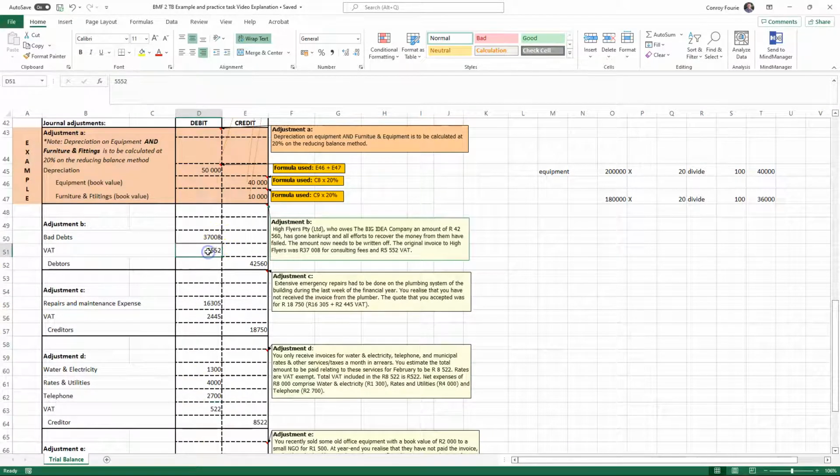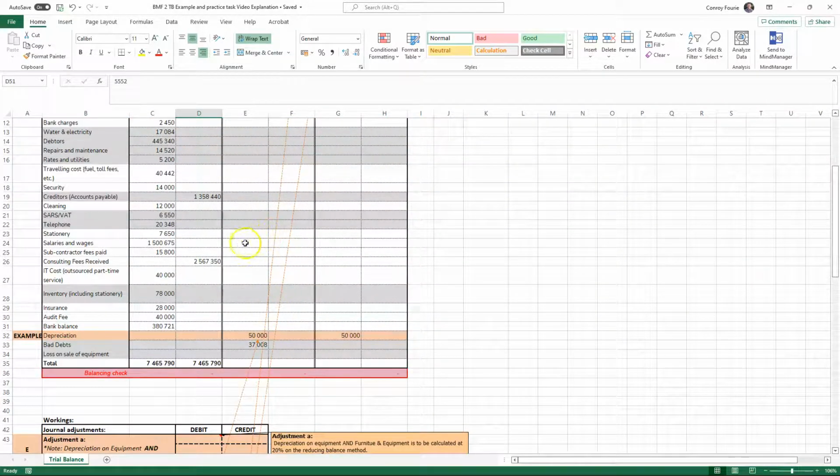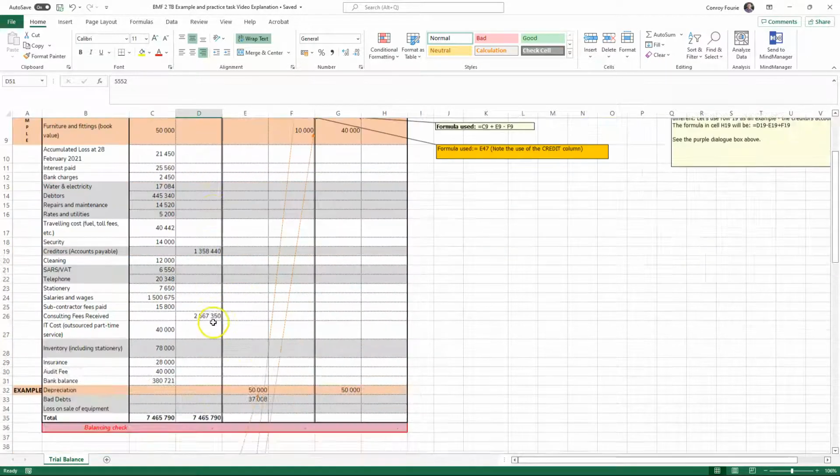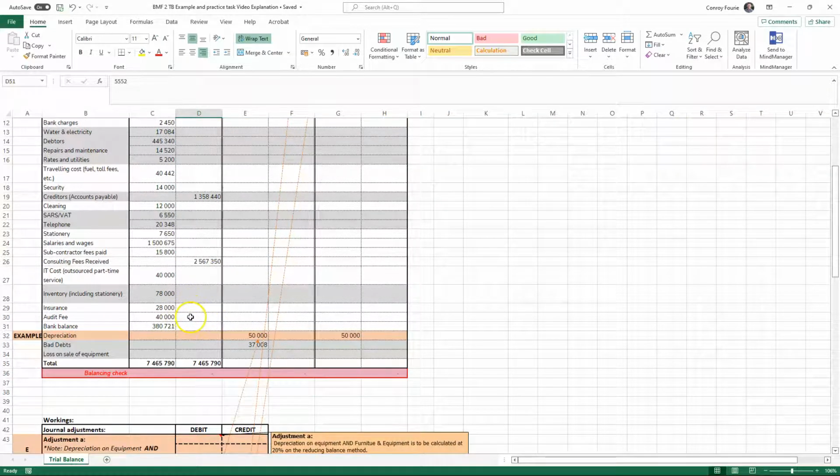So what you do to account for those is you go into your cell reference for VAT.